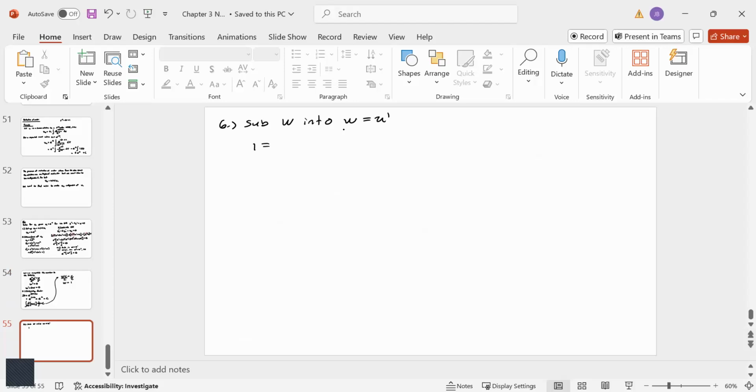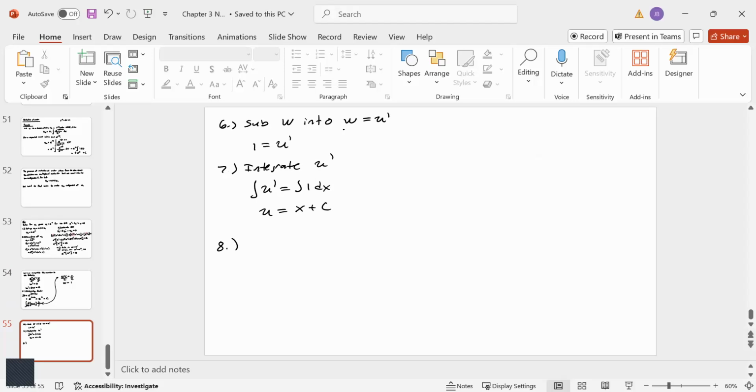So 1 is equal to U prime, like that. Step 7, we're going to integrate U prime. So the integral of U prime equals the integral of 1. So U is equal to, not T, sorry, X, like that, plus C.